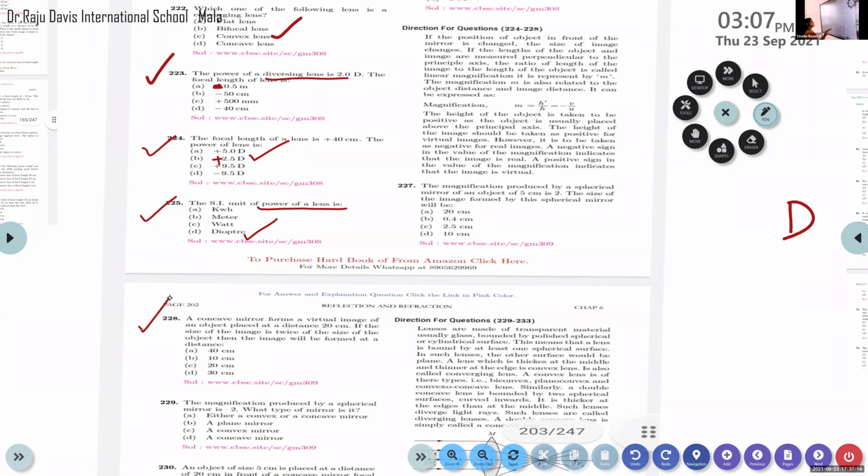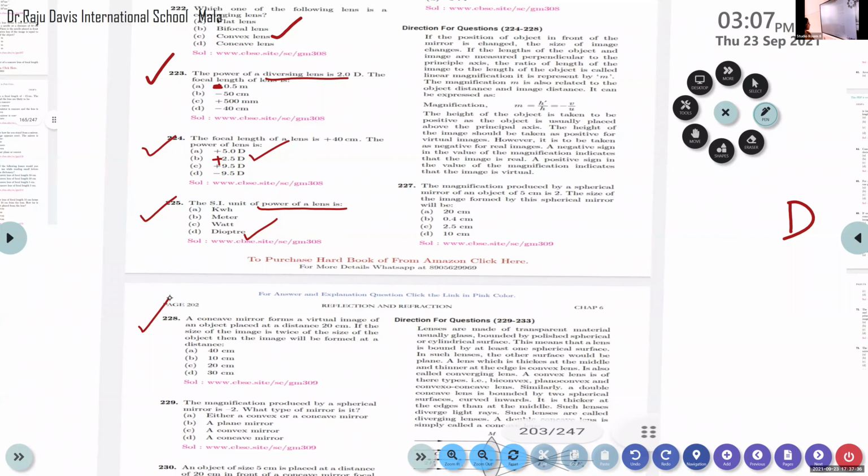All right, then how do you get the answer? The size of the image is twice the size of the object.